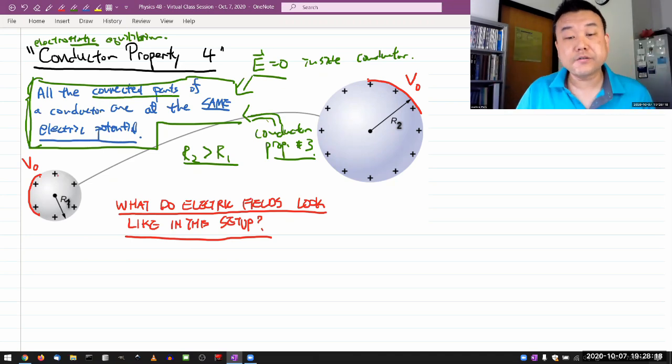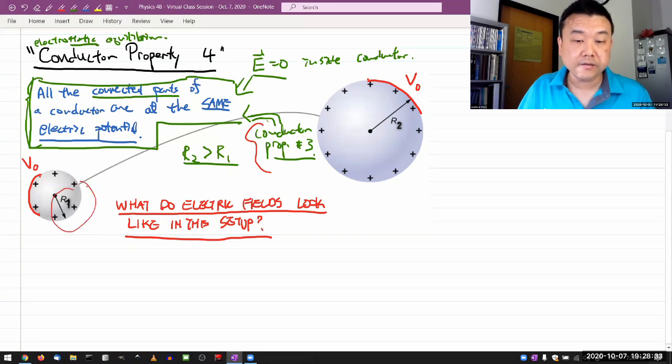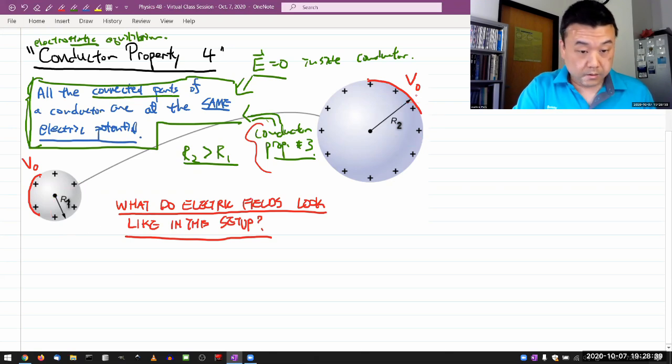What you can instead use here is this conductor property number 3. And I will demonstrate how we can use this to conclude correctly that the electric field right outside this sphere is greater than the electric field right outside this sphere.